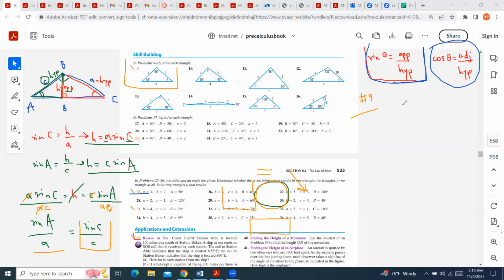So I'm looking at exercise number 9, and they give us some information here, so maybe I can copy this because there's not much room here. One angle is 95 degrees. Notice this is not 90, so it's not a right triangle. The other angle is 45 degrees.